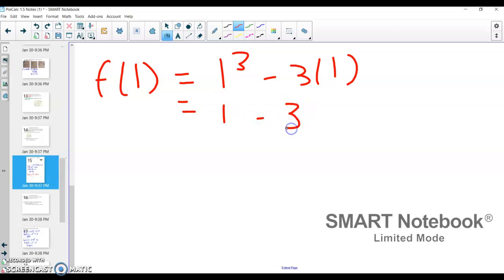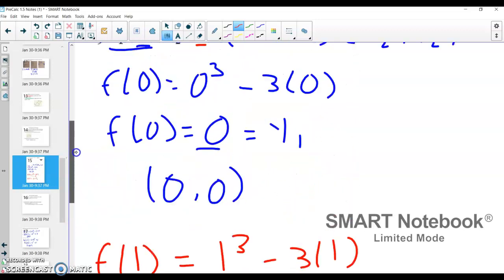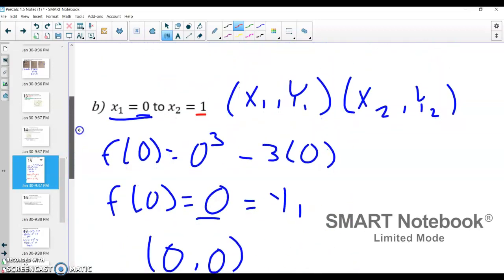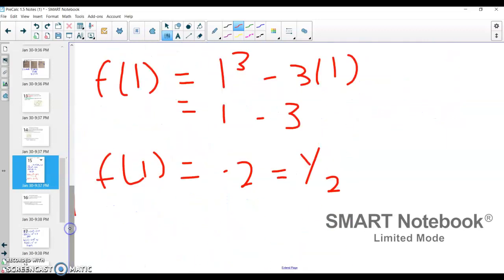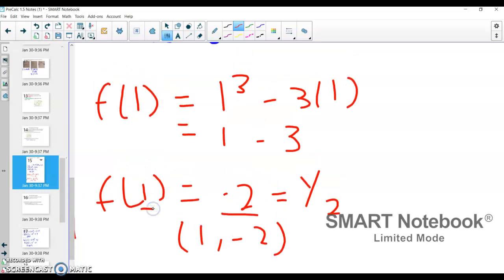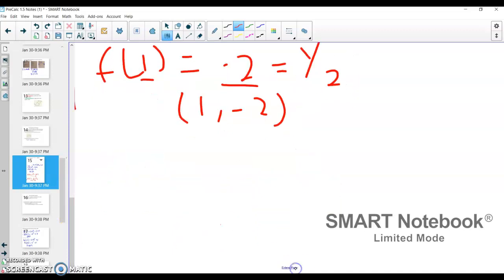And we get minus 3, which gives me f of 1 equaling negative 2, and that is my y2. All right? And now I have my second coordinate, which is, I believe, 1, negative 2. Because my negative 2 is y2 there, and my x I plugged in was 1. Now I have my 2 points.